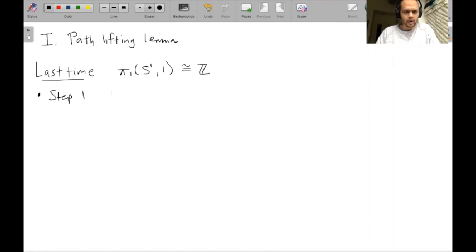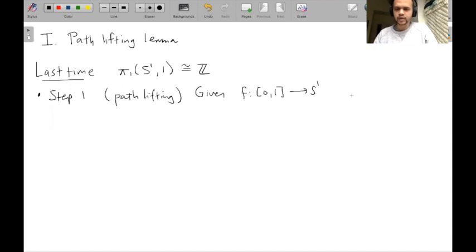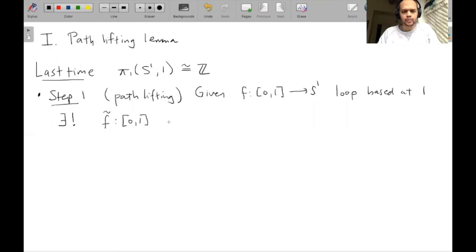So step 1 was the path lifting, which says that given f some loop in S1 based at the base point 1, there exists a unique path f tilde in R. Sorry, my pen is being a little slow to respond.